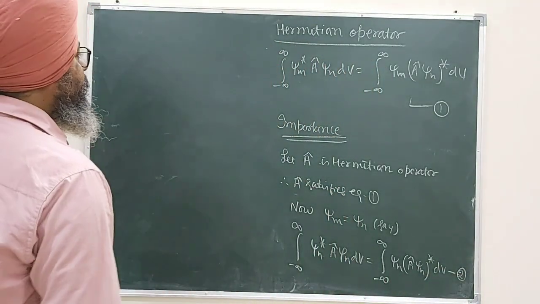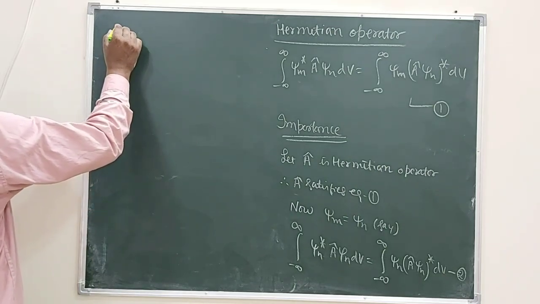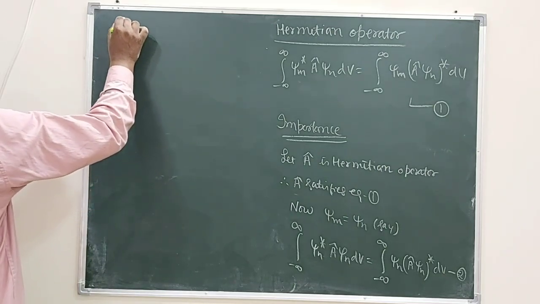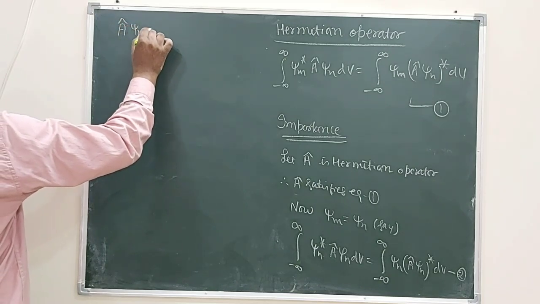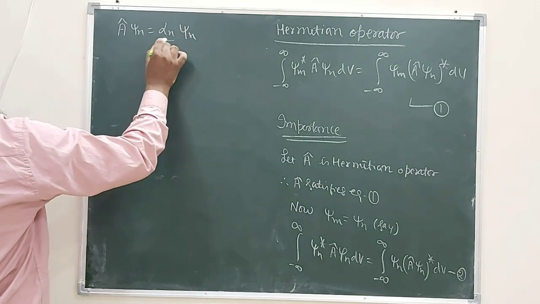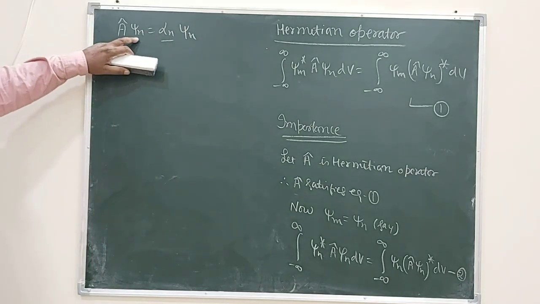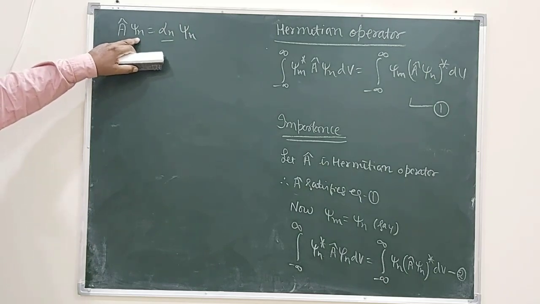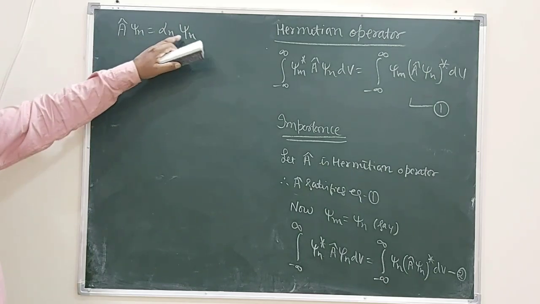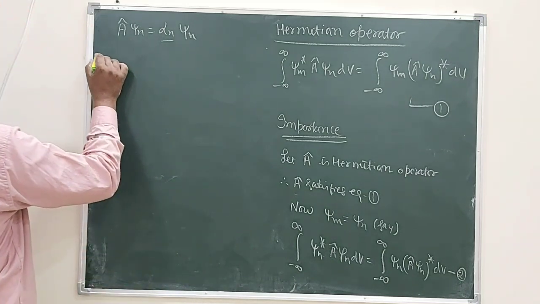Now let us say that the eigenvalue equation of A cap on psi n is given by this. Suppose A cap psi n is equal to alpha n psi n, where alpha n is the eigenvalue. Means when A cap operates on psi n, then we get the same wave function psi n multiplied by some constant of the system, and that constant is, let us say, alpha n.